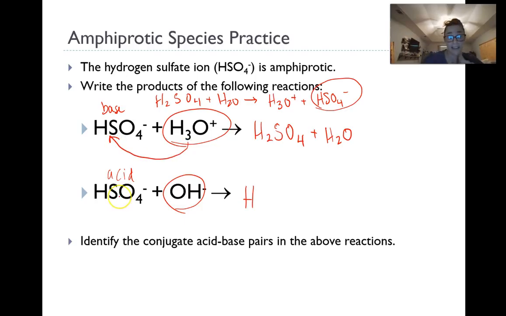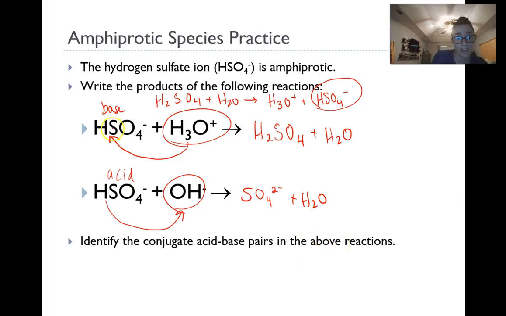But if it acts as an acid, it's going to donate its proton to the hydroxide. In this case, it will make SO4 2 minus, right? Because it lost another proton, and then it will make water. So in this case, hydrogen sulfate is acting as both an acid and a base, depending on what it's reacting with. So we're going to identify the conjugate acid-base pairs.